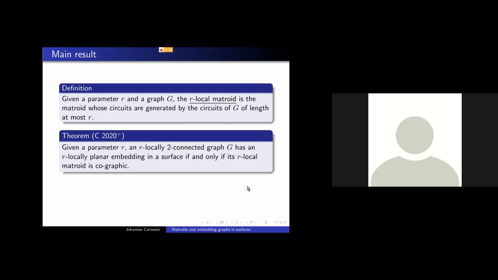On the other hand, if there doesn't exist an r-locally planar embedding, there's a simple certificate for this, namely this matroid is not graphic, and this is the only way this can go wrong. So the answer to this question is completely matroidal. The matroid completely gives the answer to this embedding problem.